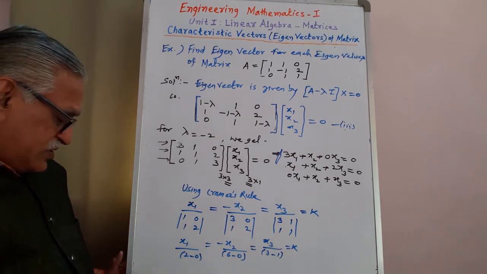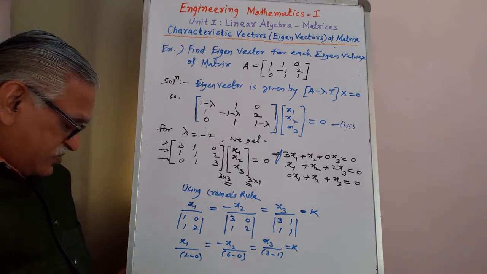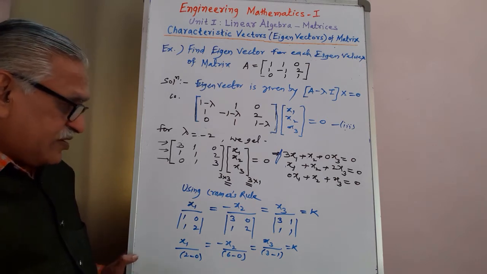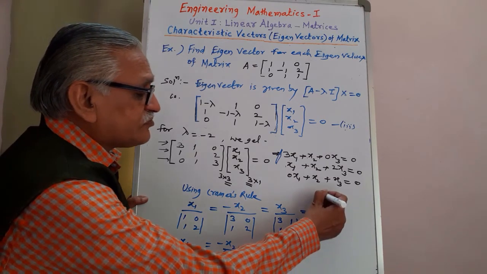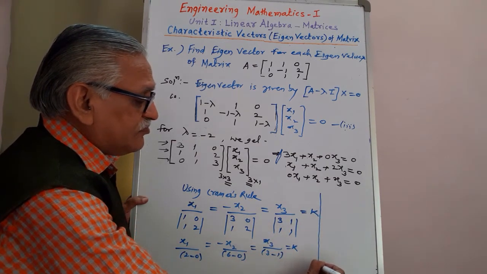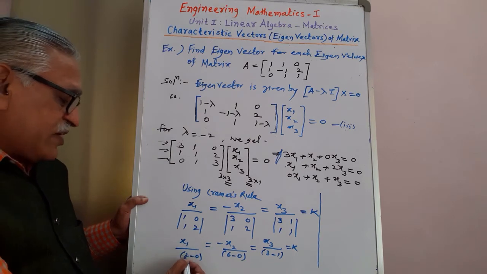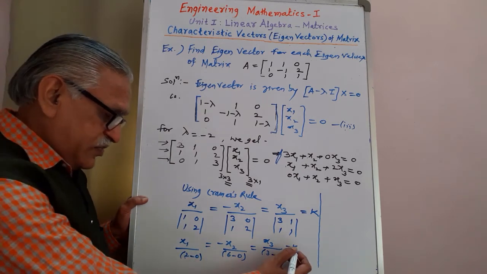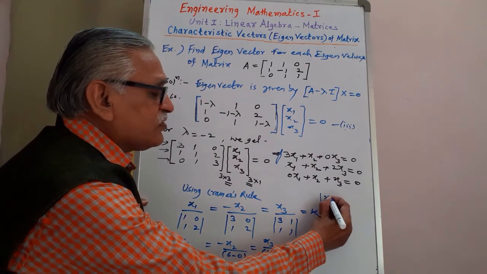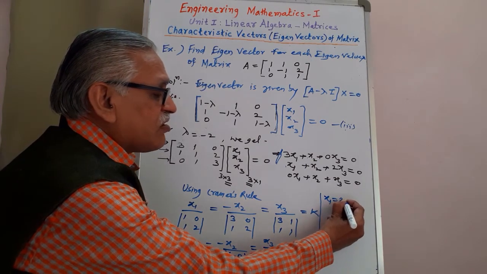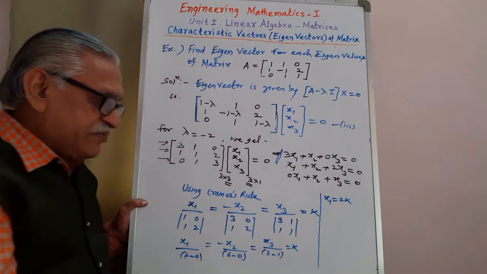And therefore, equating each to k, we get x1 by 2 equals k, so x1 equals 2k.